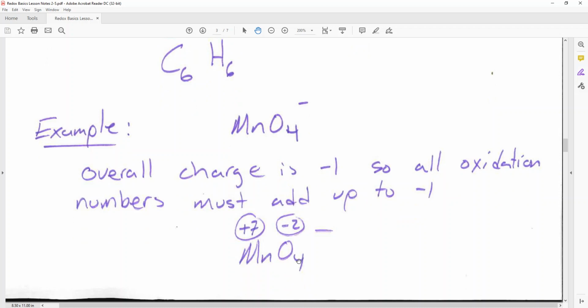But you have 4 of them. So -2 times 4, that's a total of -8. To add up to -1, manganese would have to be +7. +7 plus -8 equals -1. And since you only have 1 manganese, the oxidation state of the manganese is +7. So in permanganate, manganese is +7 and oxygen is -2.